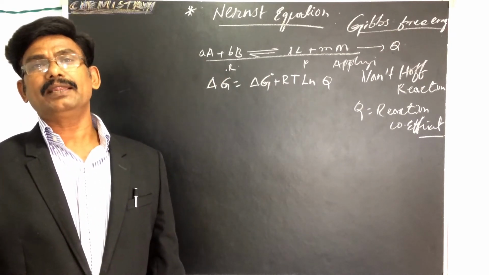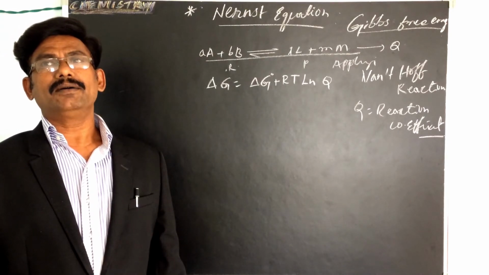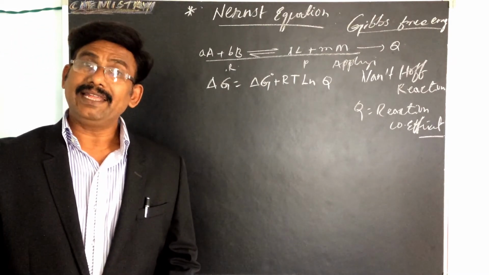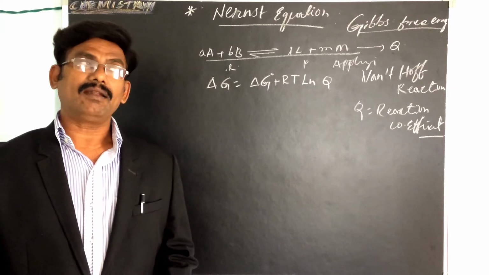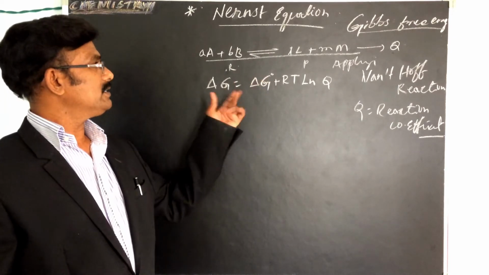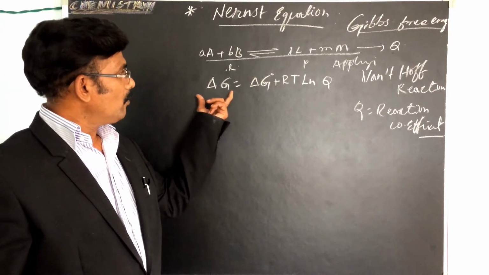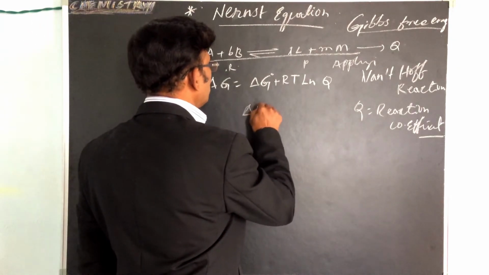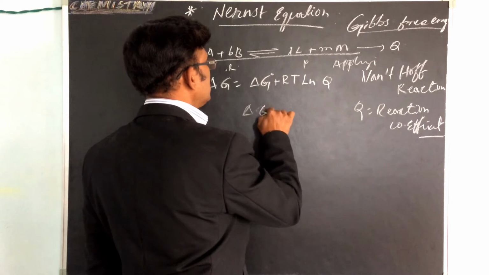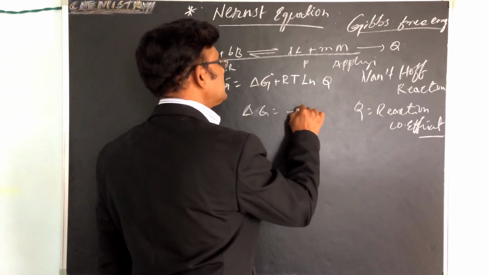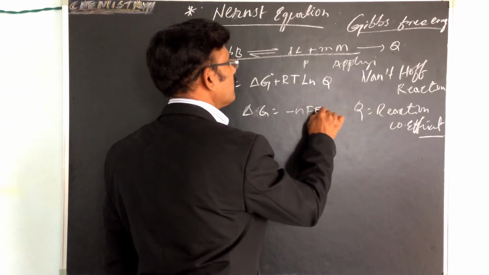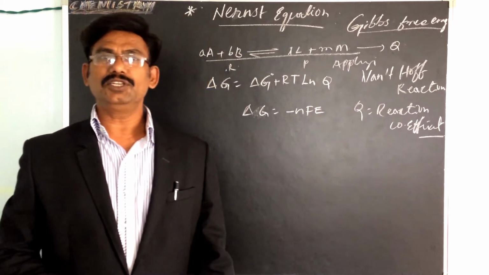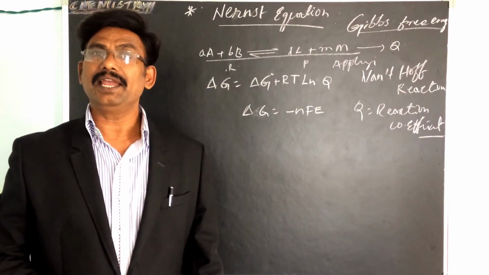Now we take delta G, and in place of delta G we substitute minus NFE. Delta G is equal to minus NFE.